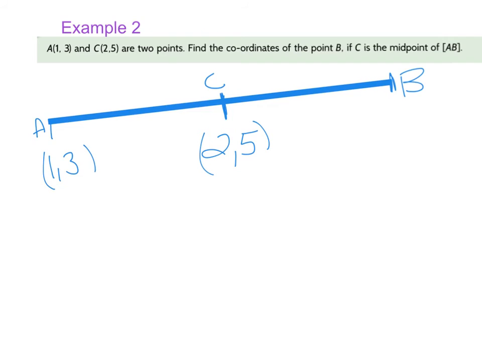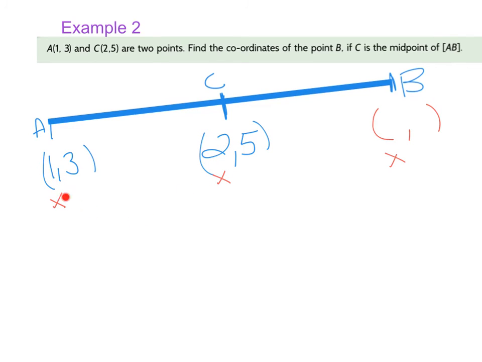Well, the whole idea is that I recognize that this represents halfway. And I'm going to look, first of all, at the x-coordinates. So this is x1, this is the x-coordinate, and I'm going to have my open brackets here. And so if you see, we go from 1 to 2 here.